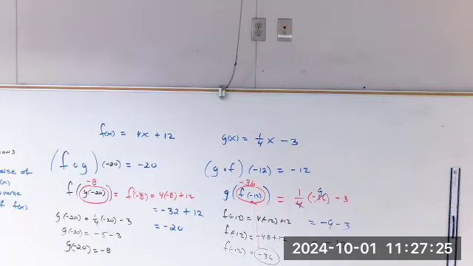If F and G are inverse functions of each other, then F of G of X should be the same for each one, no matter what you plug in.